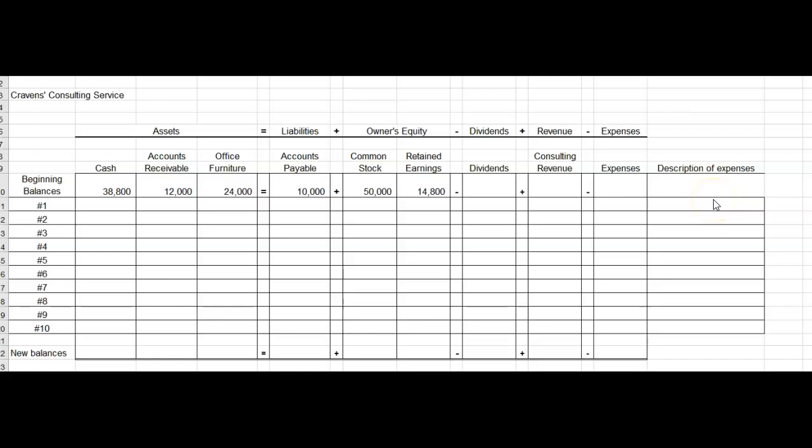We will be recording business transactions for the month of January. The account balances at the beginning of the month were as follows. So on January 1st, the account balances were cash $38,800, accounts receivable $12,000, office furniture $24,000, accounts payable $10,000, common stock $50,000, and retained earnings $14,800.